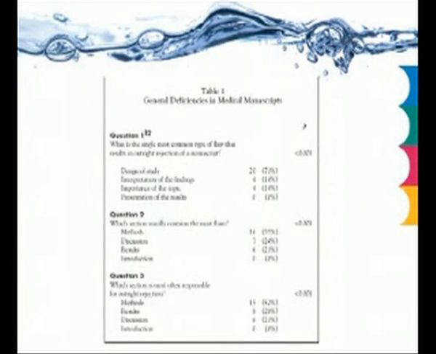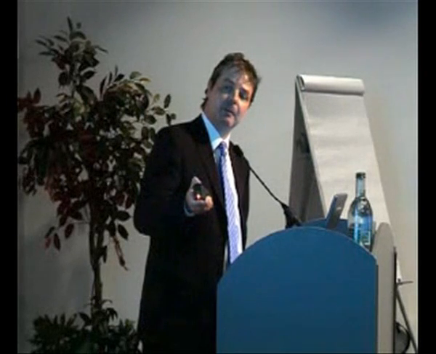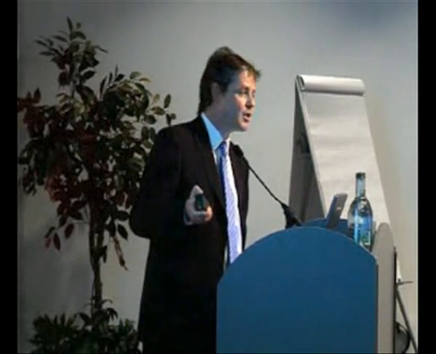So if you looked at the general deficiencies in medical manuscripts, what's the single most common type of flaw that results in an outright rejection of the manuscript? By far and away, the biggest flaw was the design of the study, followed by interpretation of the findings, which was misrepresentative, the importance of the topic, and none of the people said that presentation of results was the cause for rejection.